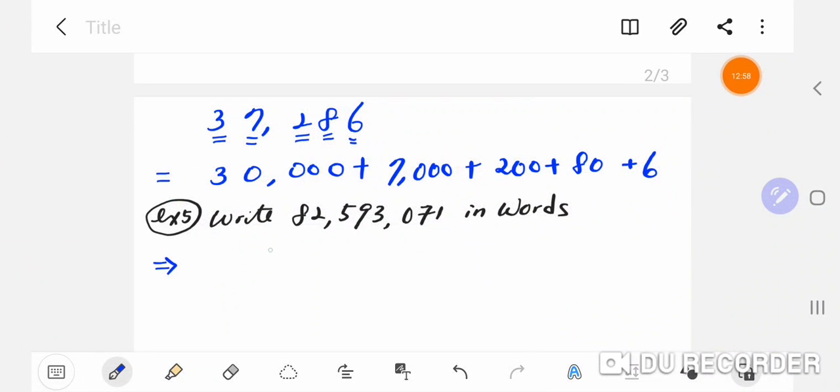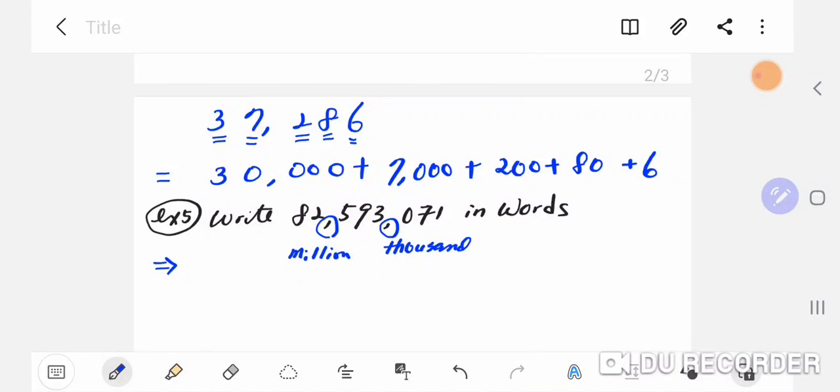So how would you write this number in words? First of all, there are 2 commas, right? The first comma from the right is thousands, and the second comma from the right is millions.